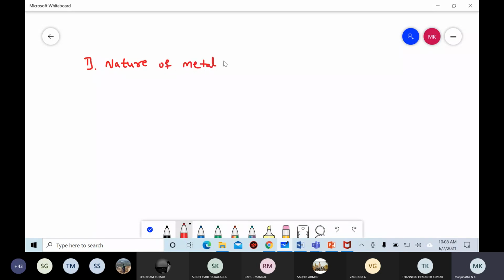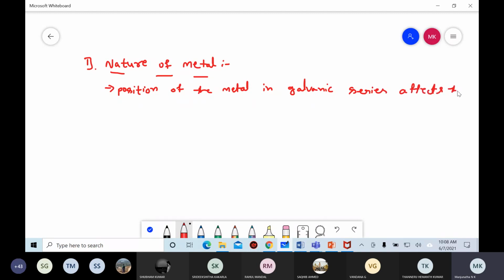In nature of metal, first one is the position of the metal in the galvanic series, which affects the rate of corrosion.